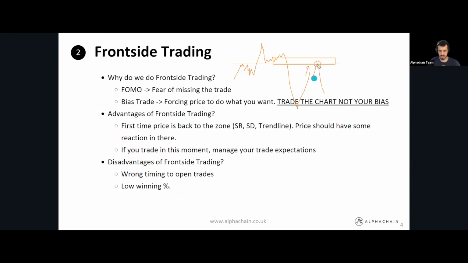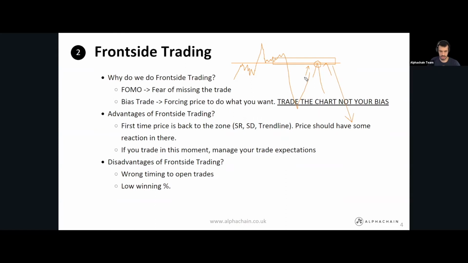If you are looking for that situation and catch a trade somewhere in here, my recommendation would be to manage your trade expectations, right? It doesn't mean that just because price is reacting from an important level of structure that it's going to go all the way down, even break this low or even to these lows, right?